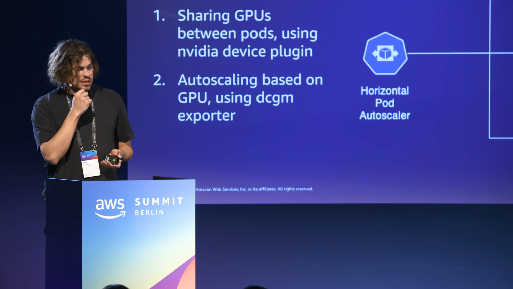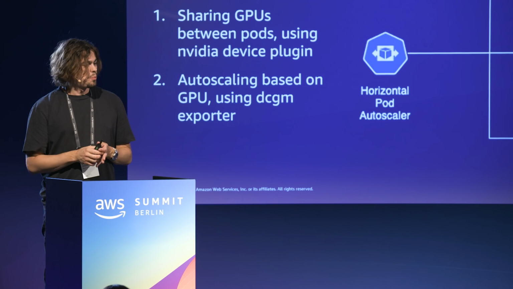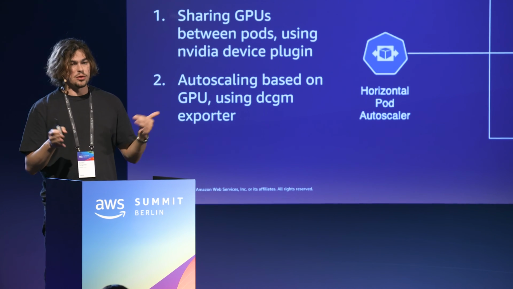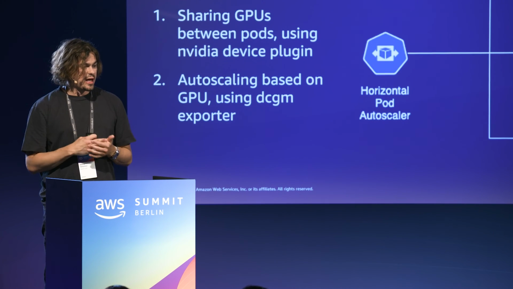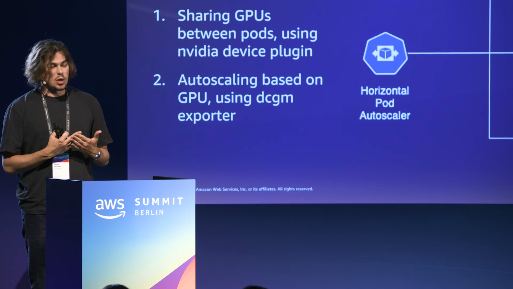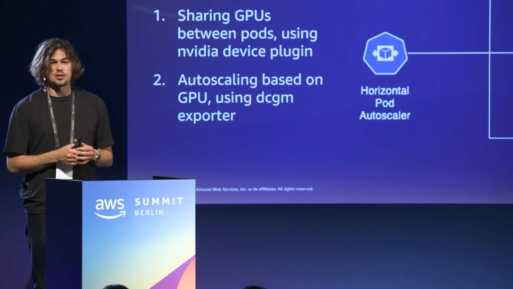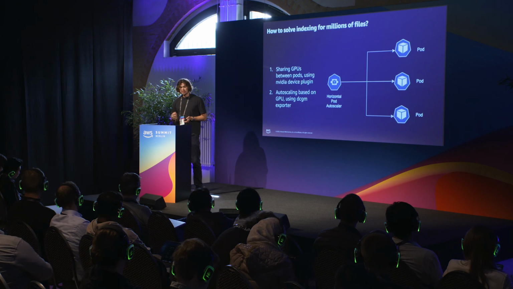The last thing here is auto-scaling once again, because whenever you have a lot of users asking questions, the load goes up fairly quickly. But once again, Kubernetes doesn't know about your GPU metrics. It doesn't know about GPU utilization. So you need a way to tell it somehow. What you can use is the DCGM exporter.